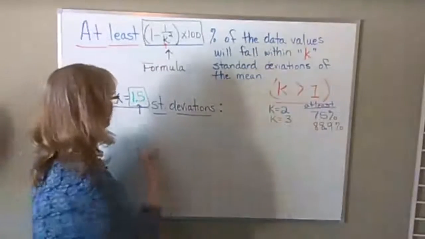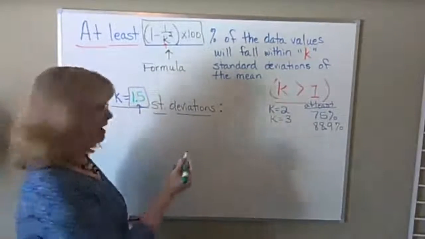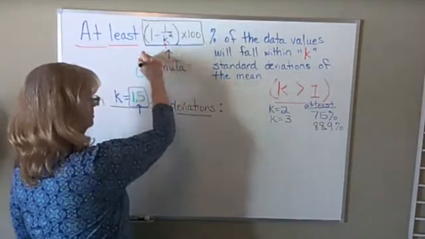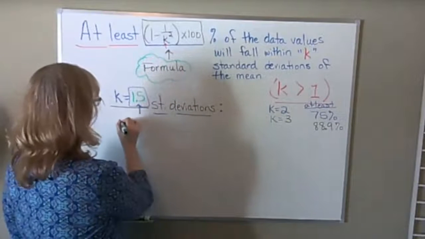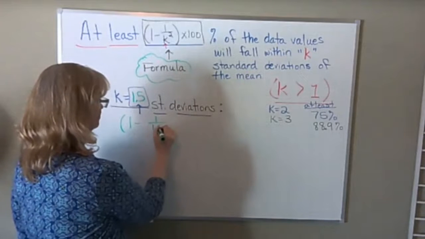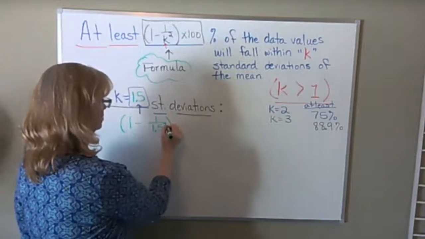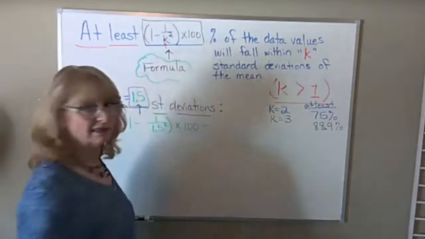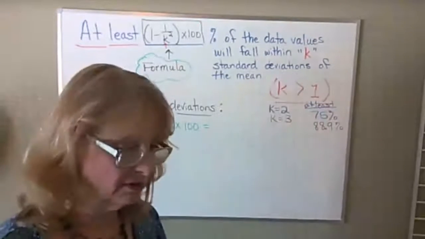Okay, so if k is 1.5, then from our formula up here, we would have 1 minus 1 over 1.5 squared, and then we'd multiply it times 100 to get that changed to a percent.